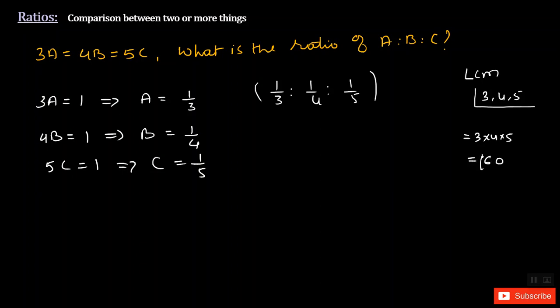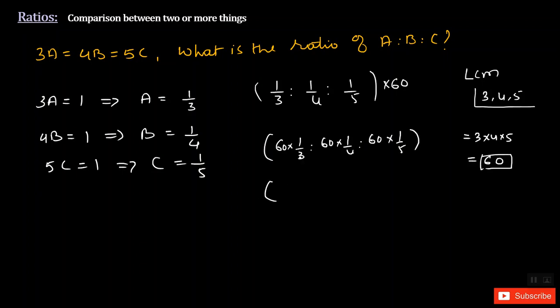Whatever least common multiple you got, you have to multiply with the ratio which we have represented in terms of fractions. So this can be written as 60 times 1/3 is to 60 times 1/4 is to 60 times 1/5.